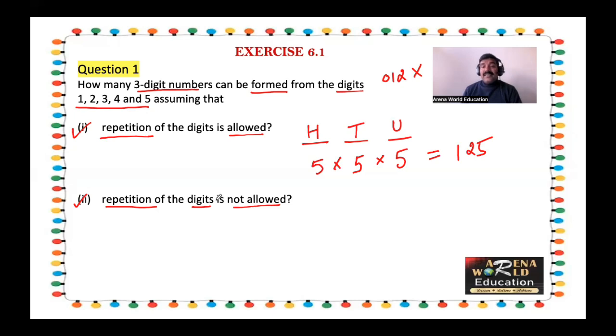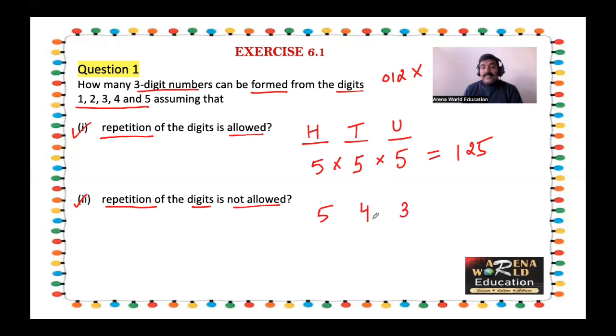Now for the second part, repetition of the digits is not allowed. Suppose we start from the hundreds place. It can be filled in five ways. But for the tens place, we have only four numbers, because after every selection the total gets smaller.